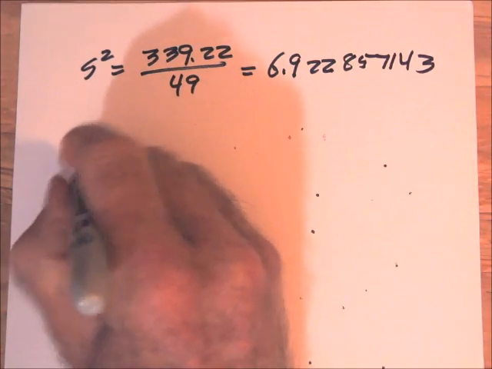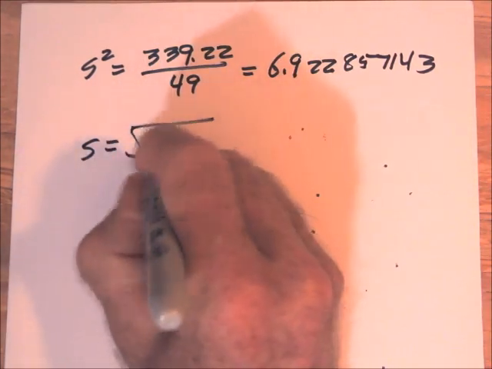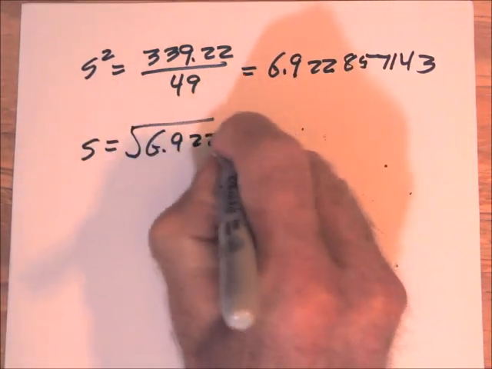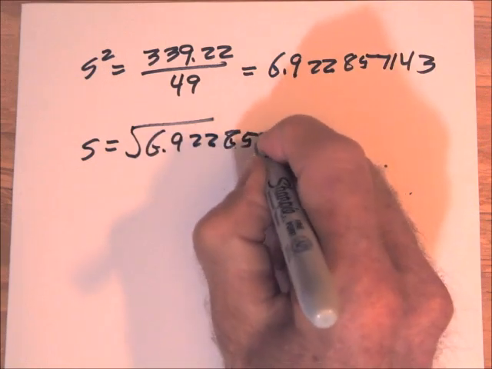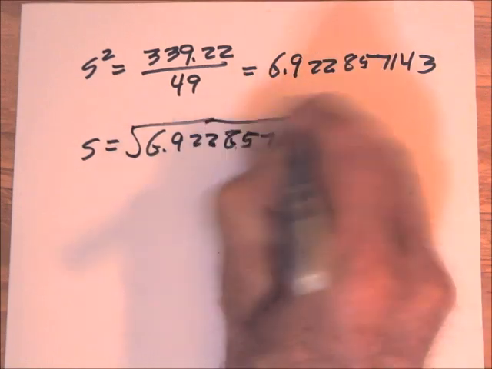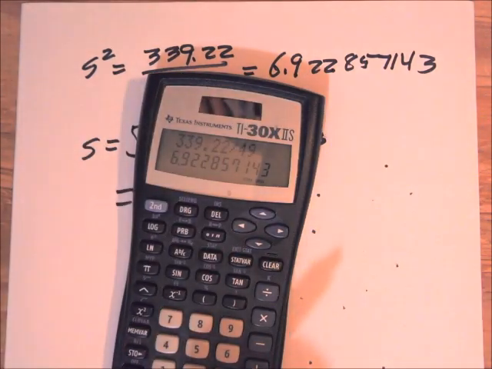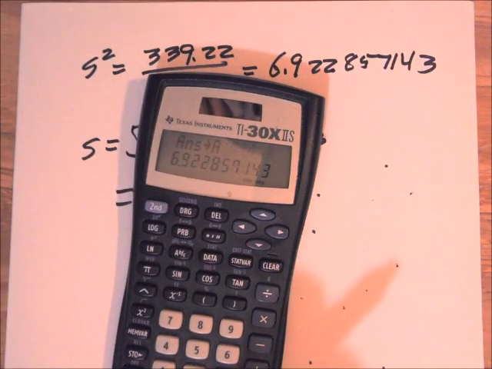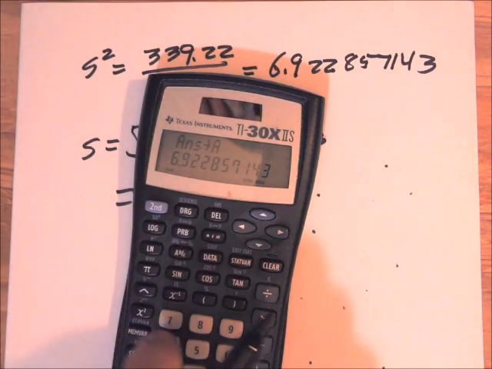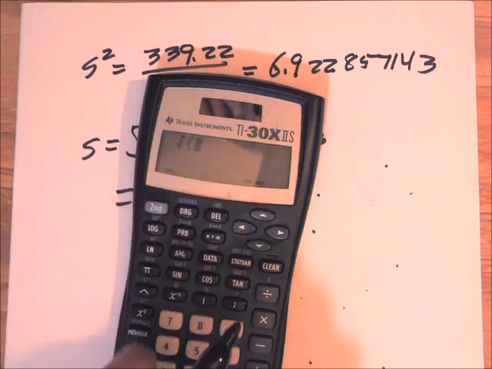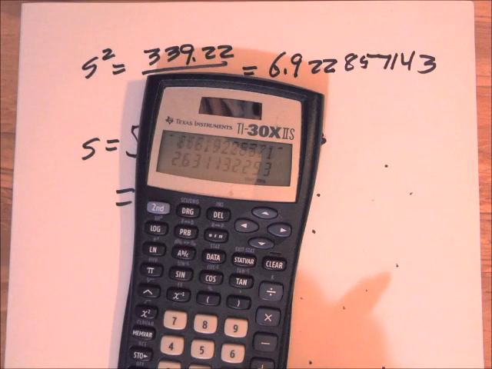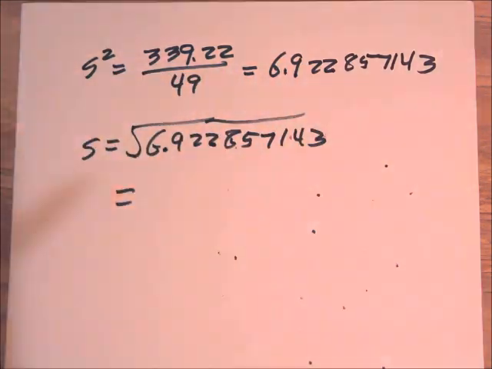And then take the square root of that to get the standard deviation. So I'm going to store this in memory. So STO, then second square root, second recall, equals 2.63 something.